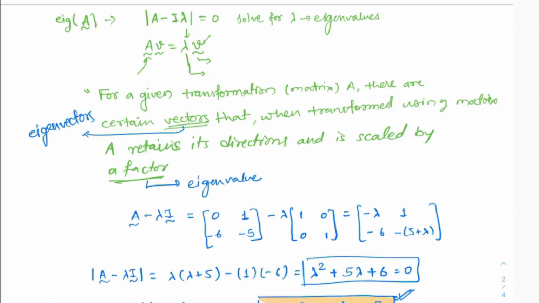But here when you write A times x, that is the definition of eigenvalues, right? So can you tell that x also has certain eigenvalues? No. Eigenvectors are defined for a matrix, and to be more precise, it should be a square matrix.